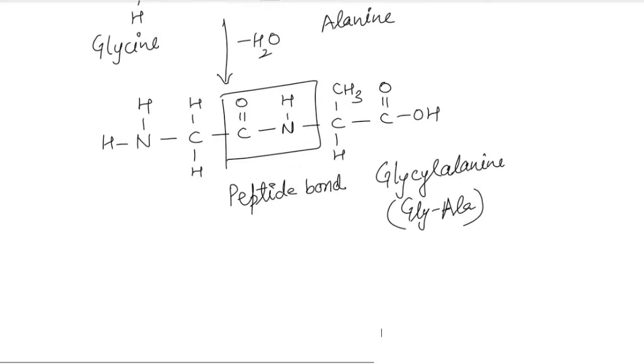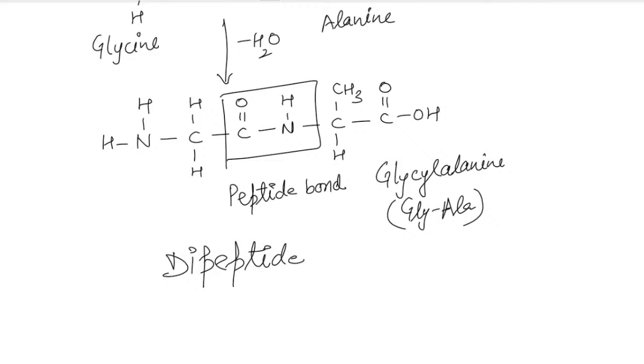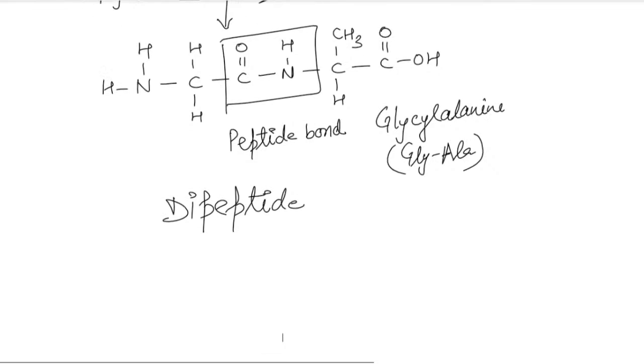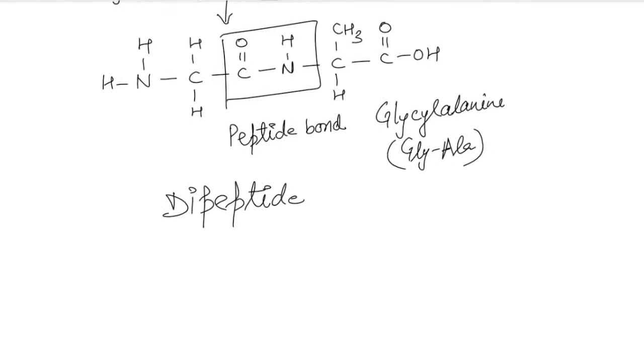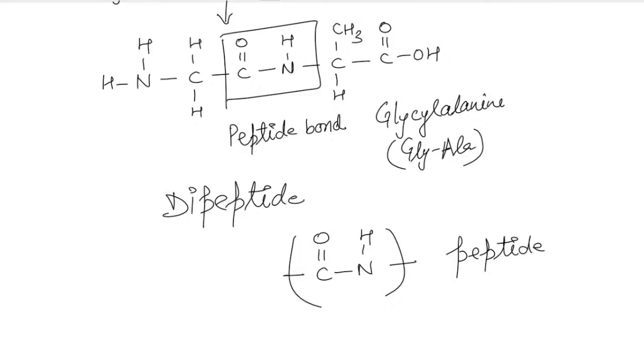This is a dipeptide. If 3 amino acids are combined, that is called a tripeptide. If many amino acids are combined together, that is called a polypeptide. And this group CONH, this bond is called the peptide bond, or peptide linkage.